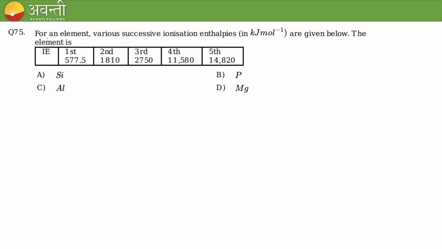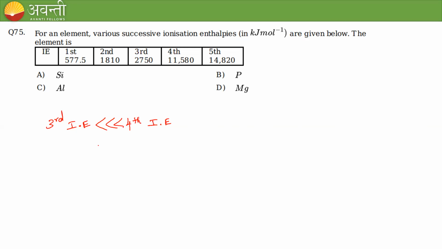So suddenly a large jump is observed between the third ionization energy and the fourth ionization energy, right? The fourth ionization energy is very, very much larger compared to the third ionization energy, right? So after the removal of 3 electrons, the removal of the fourth electron is highly impossible.